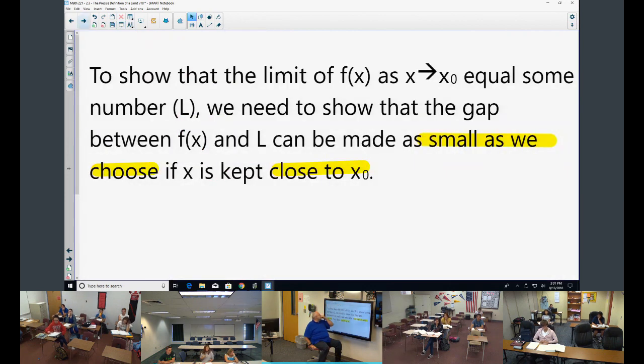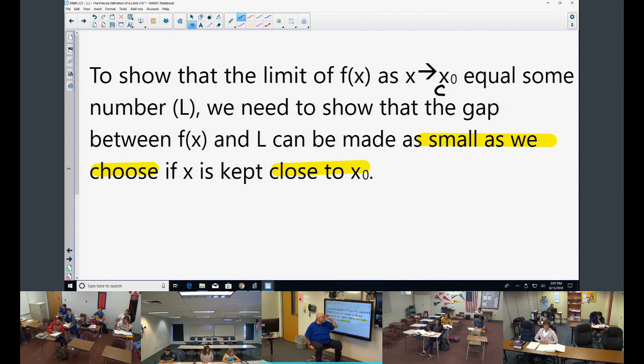Okay, so to show that the limit of a function as x approaches some number, x sub 0, or I've noticed that in this new edition of the book they actually use the letter C, but it doesn't matter.